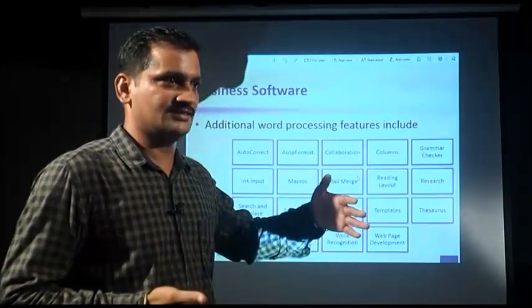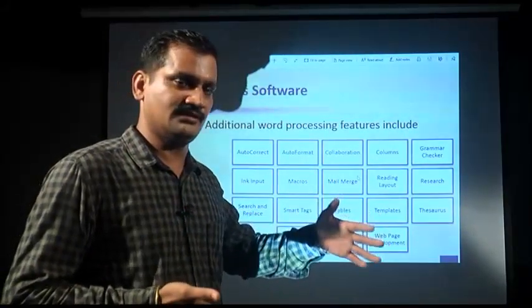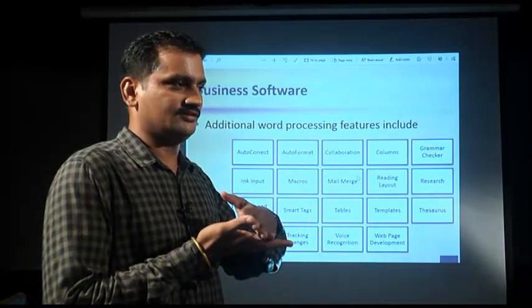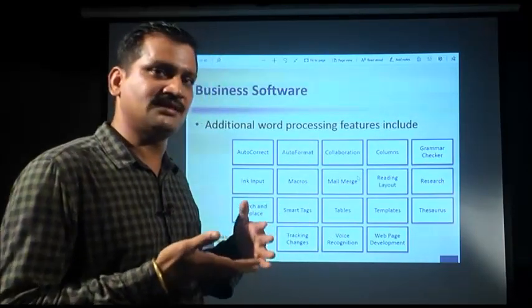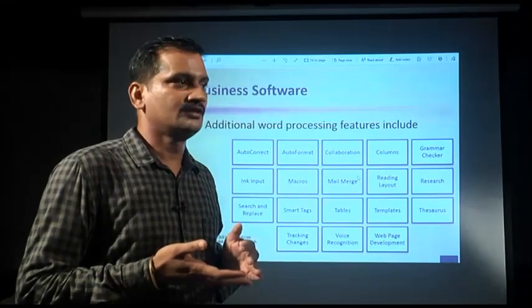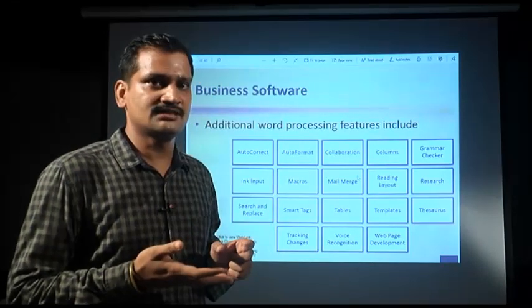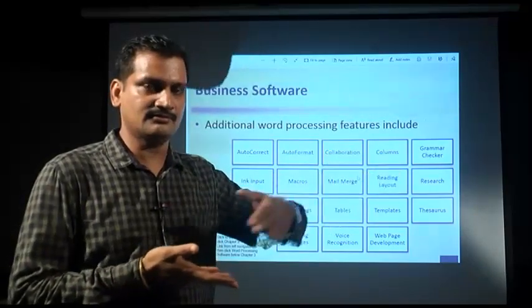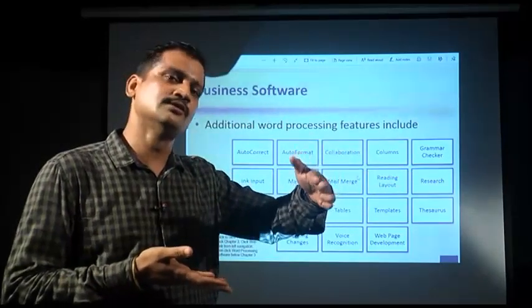The letter has a format in which only the address part and the recipient who is going to get the letter are going to change. Suppose the address and the name of the recipient change, and basically the same letter is to be sent to many people.